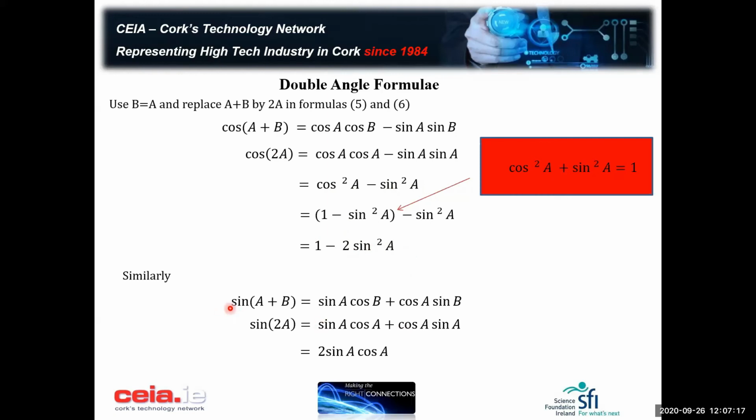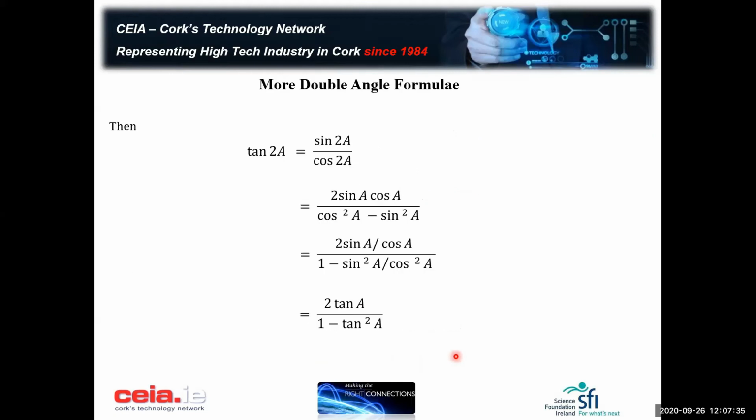Now, for the sine of 2A, we take the sine of A plus B and replace B with A. Same principle, you get sine A cos A plus cos A sine A, which is 2 sine A cosine A. You can go through the same process with tan of 2A, and you end up with 2 tan A over 1 minus tan squared A. There are multiple ways of doing that.